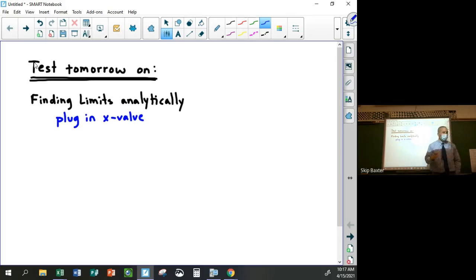Right? The next thing you should try and do is to cancel common factors. If you can do that and then plug in the X value and you get an answer, then you're done.